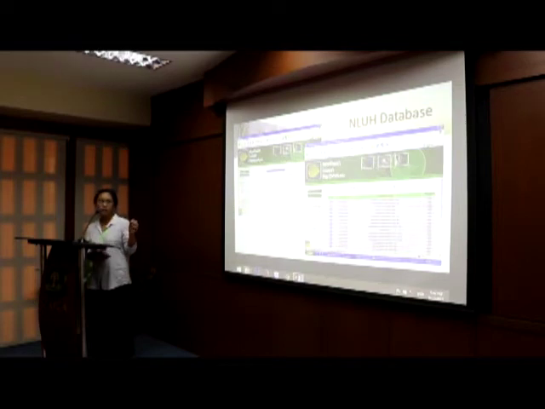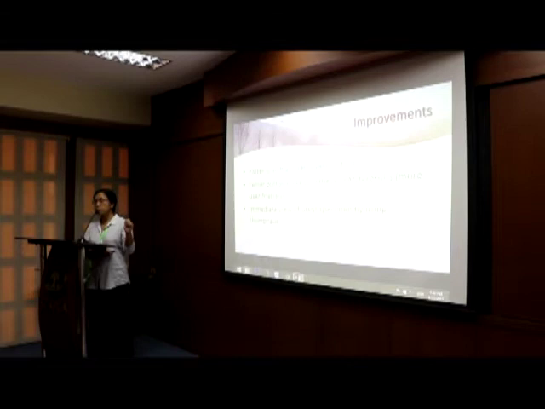As you can see here, there is also another option. When you press advanced search, you'll be given this page where you input whatever filter you want. For example, type in one family, then press search. So this is the old database system. We made some improvements on it.